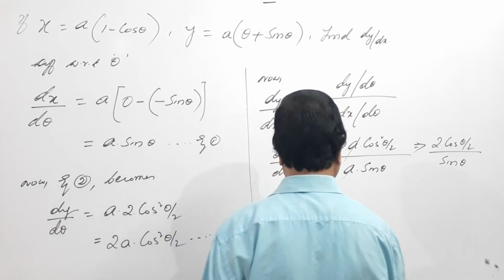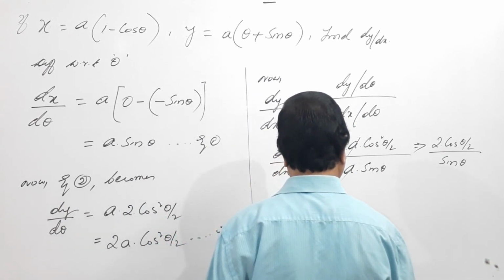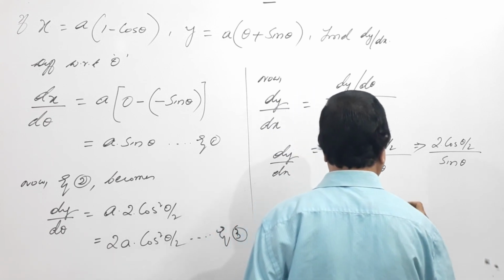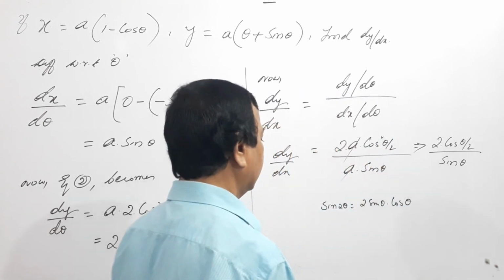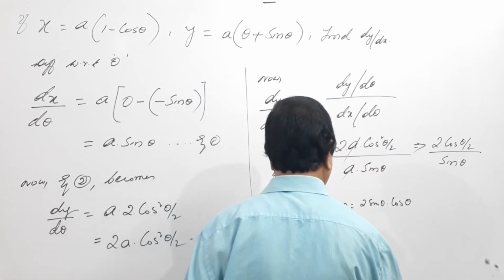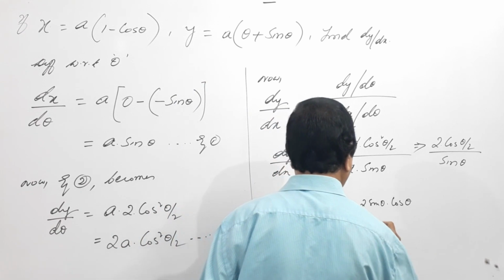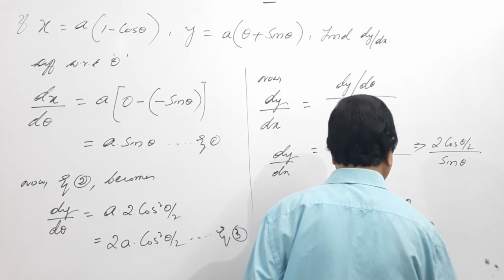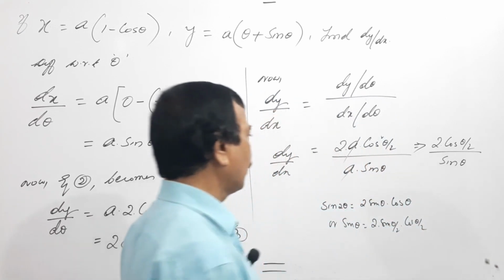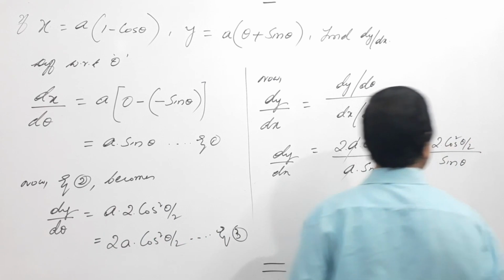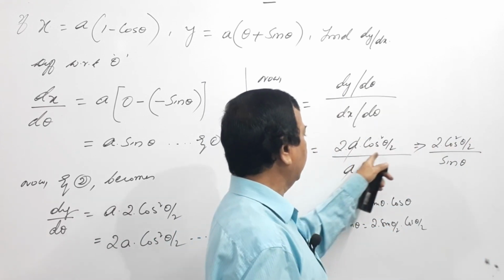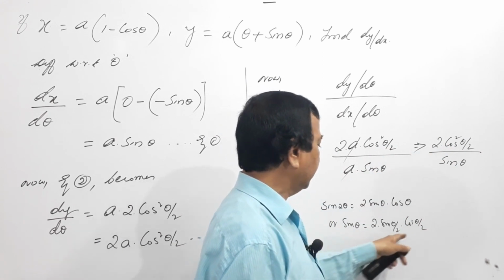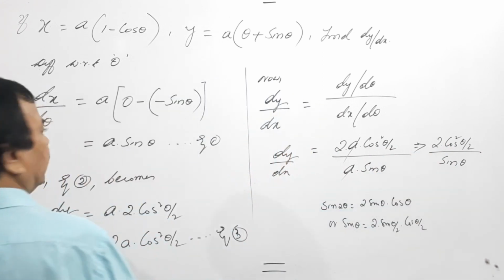Now sin 2 theta is what? 2 sin theta into cos theta, or sin theta equals 2 sin theta by 2 into cos theta by 2. What is sin theta? Sin theta is 2 sin theta by 2 cos theta by 2. I'll substitute this.